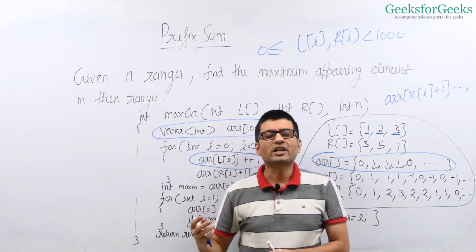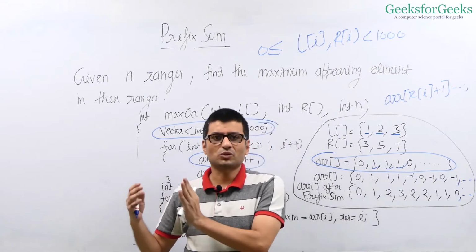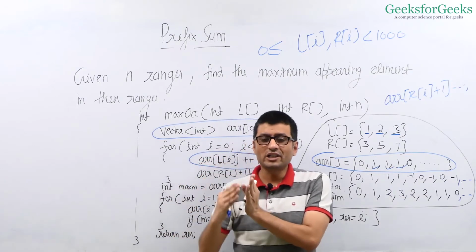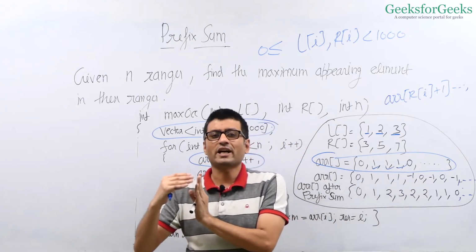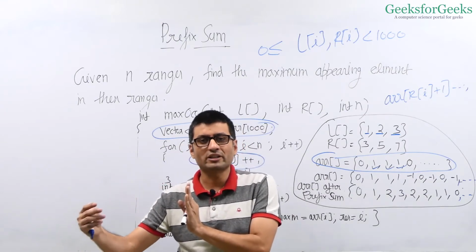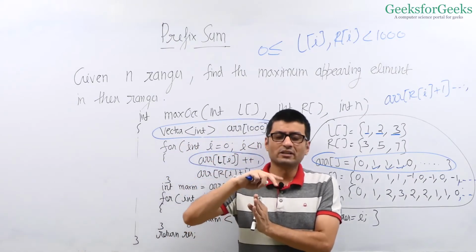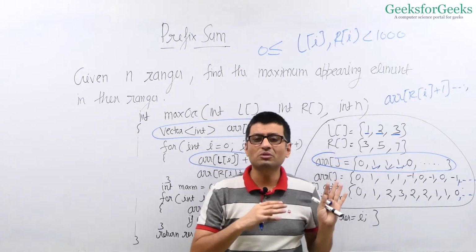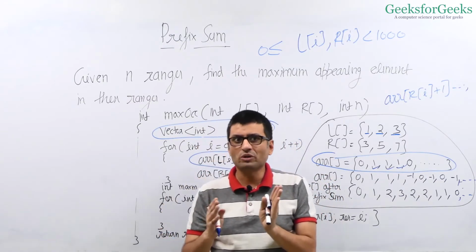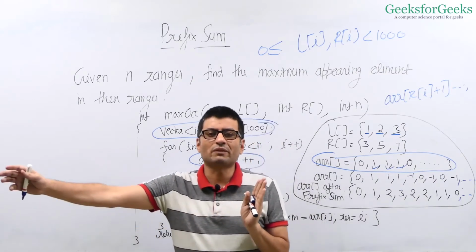That is why I decrease the value of Ri plus 1, right? So that elements after the end of this range have the value 1 subtracted. That is how I nullify the impact of incrementing the value when I do the prefix sum. When I do the prefix sum, I'm simply going to increment every value after this range.